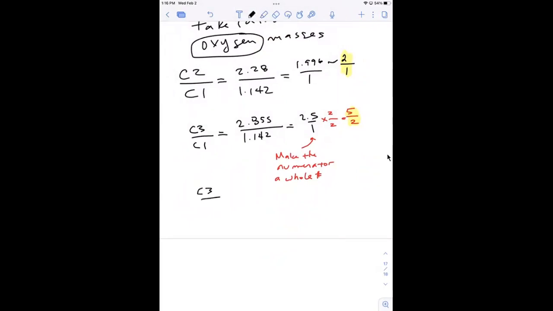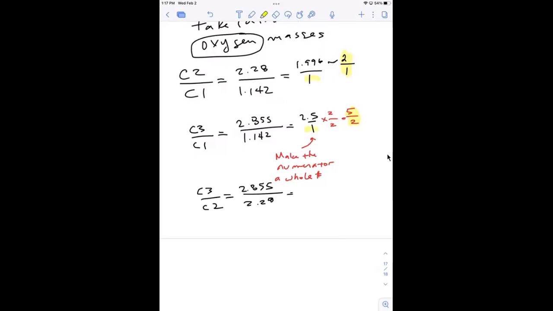Compound 3, compound 2. Compound 3 is 2.855. Compound 2 is 2.28. What do we get from that? Anybody? And again, you want to leave that 1 in the denominator because it is a ratio.